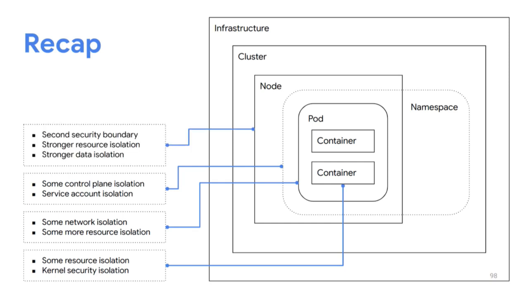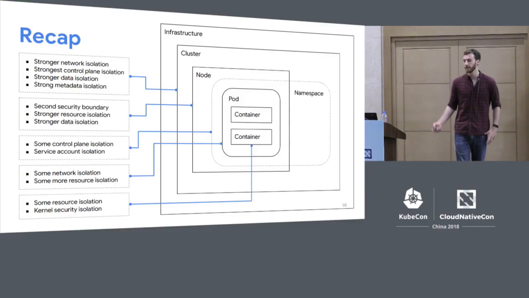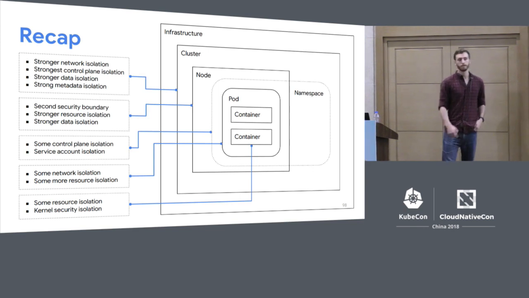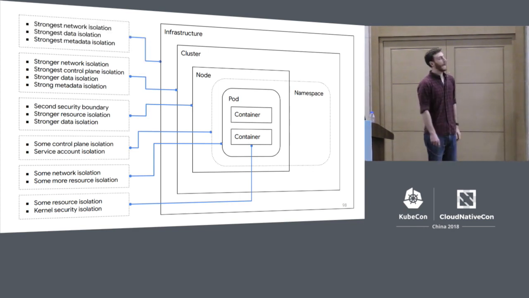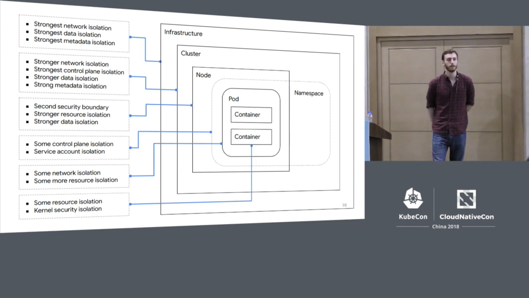And then at the node level, we finally add in a second security boundary, much stronger resource isolation, and better data isolation as well. With the cluster level, we have stronger network isolation still, separate control planes and separate authorization mechanisms mean better control plane isolation and data access that comes with that. And then finally, at the infrastructure level, this is really as good as it gets.